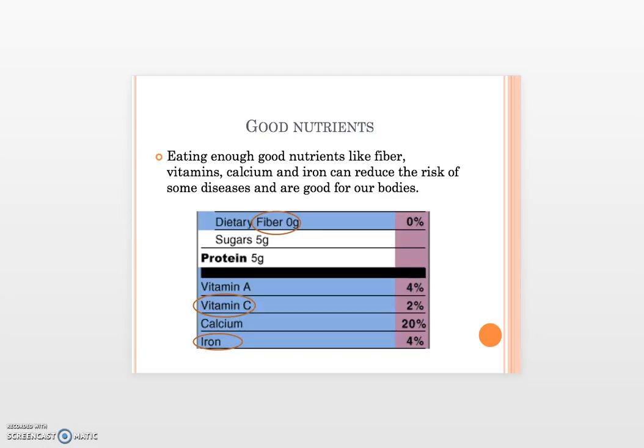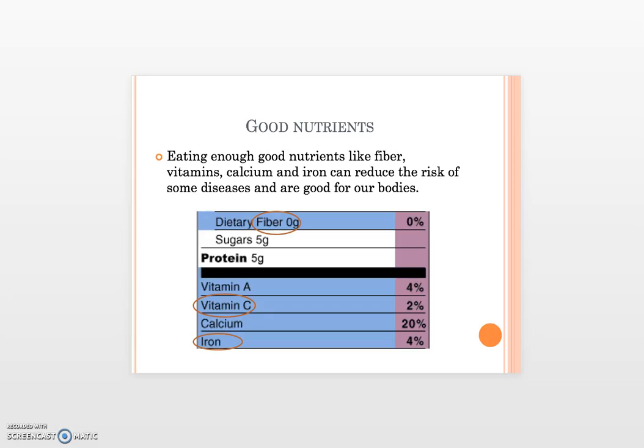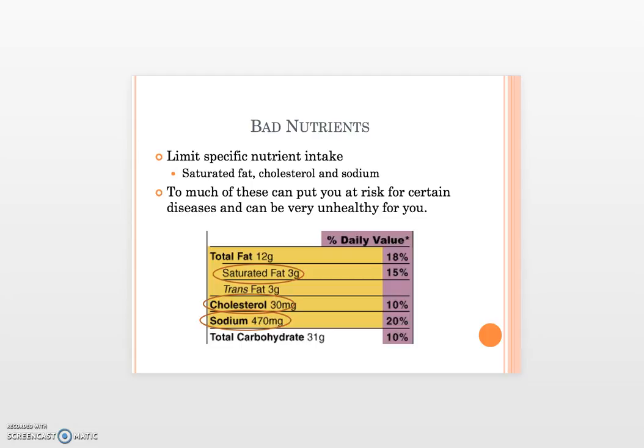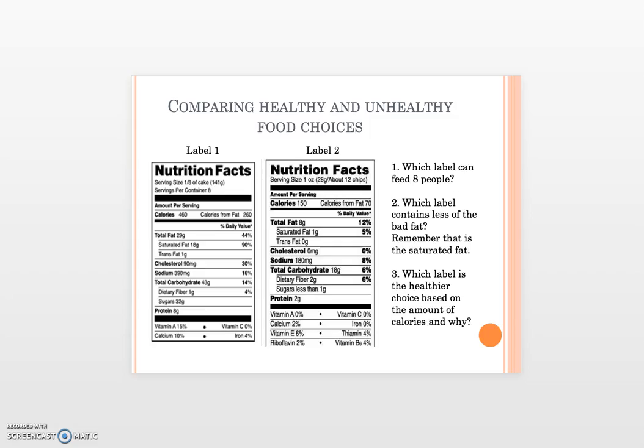And eating enough of those good nutrients like fiber, vitamins, calcium, and iron can actually reduce some of the risks of disease, and they're very good for our bodies. In the last 2 slides, you saw grams, which is a little g, and mg, which is milligrams. Those are just basic units of measure that our foods are measured by.